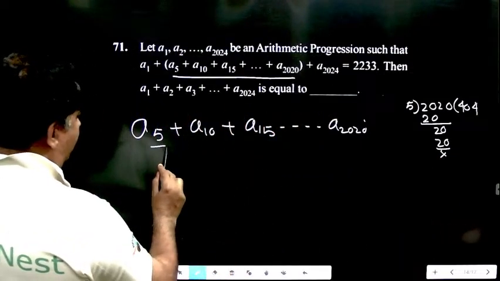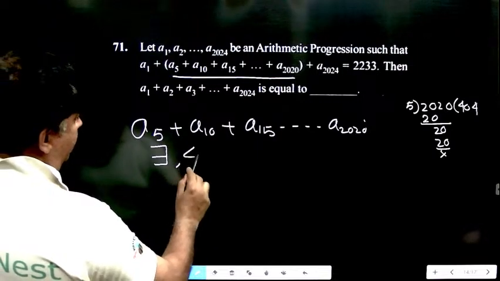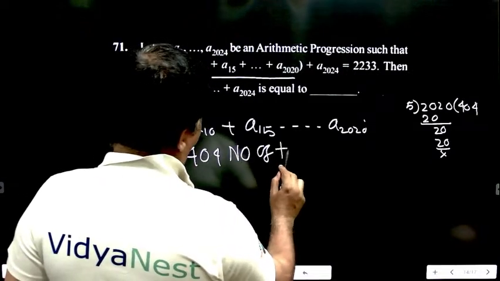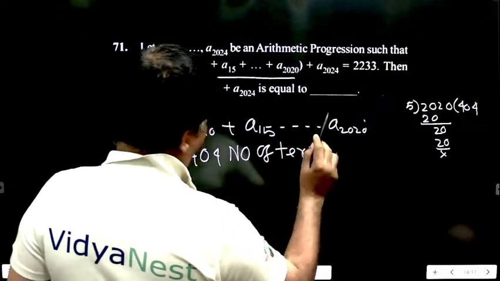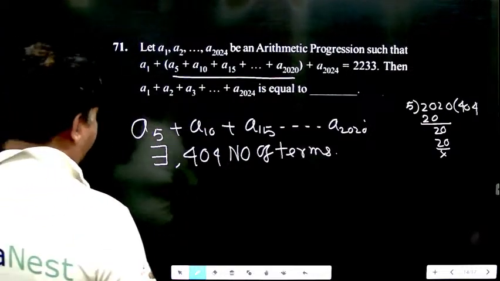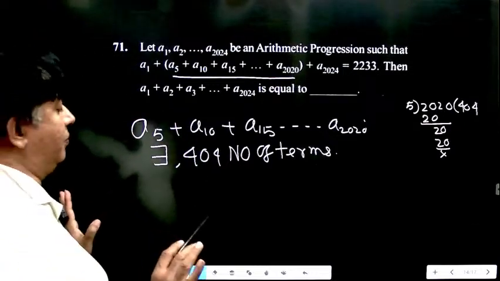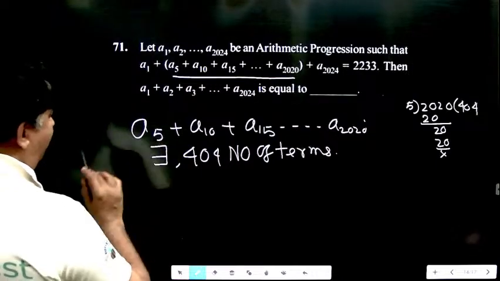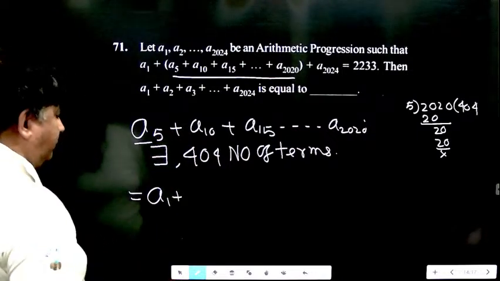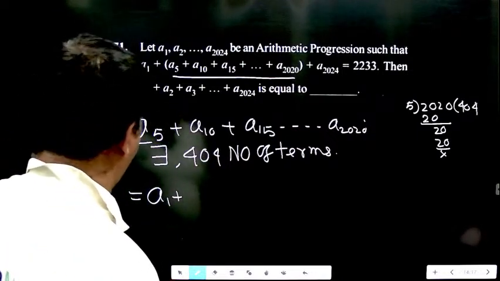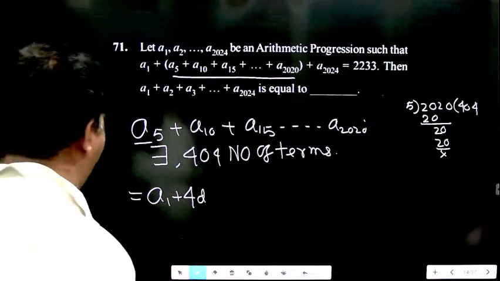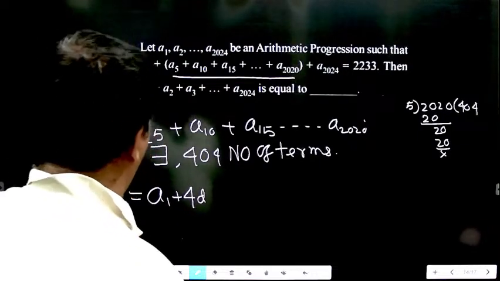So there exist 404 terms. Now, 404 number of terms, this much we can get. Now this A5, what is meant by A5? A1 plus 4D. What about A10?